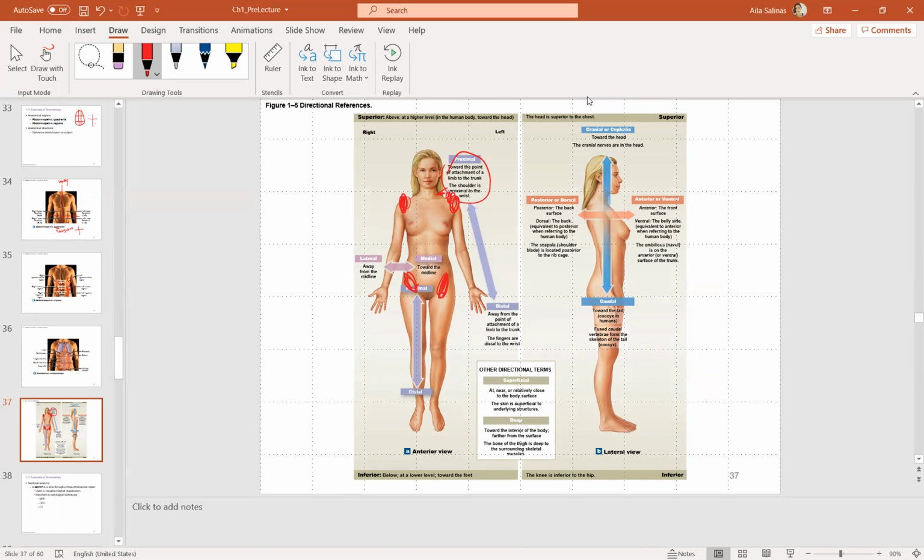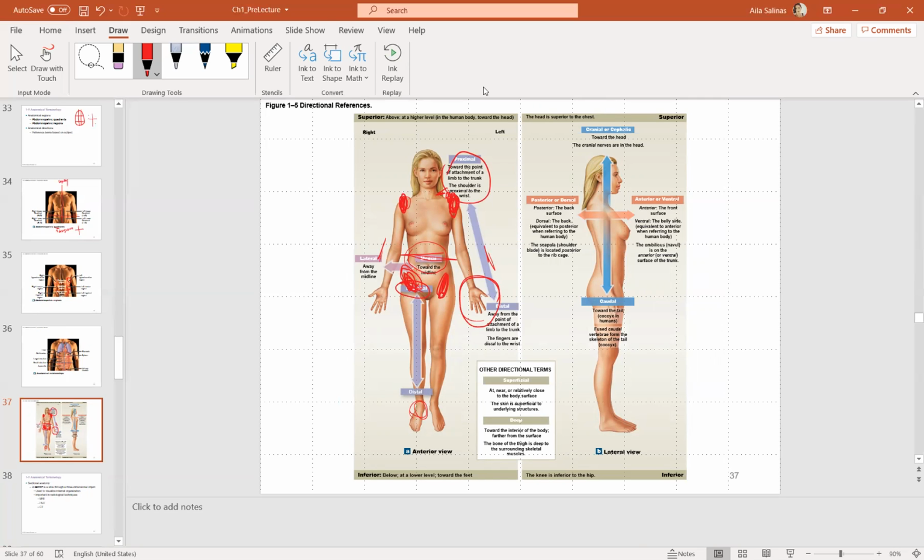We have medial because it's right in the midline. We have lateral. We have distal because it's farther from this joint. Here, the foot is distal when you compare to the hip bone, because here we have a joint that's proximal to the appendicular skeleton.